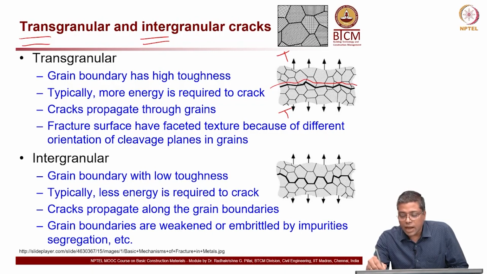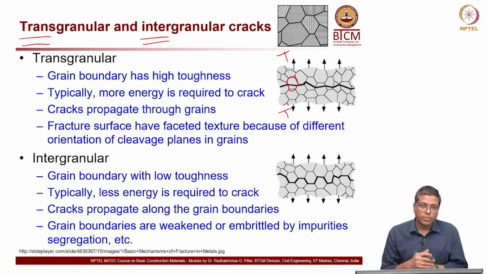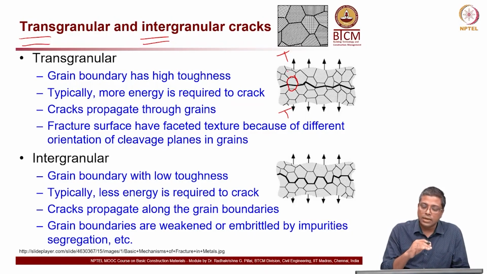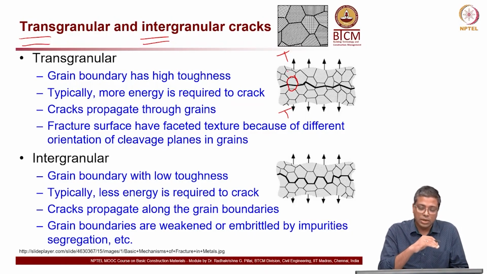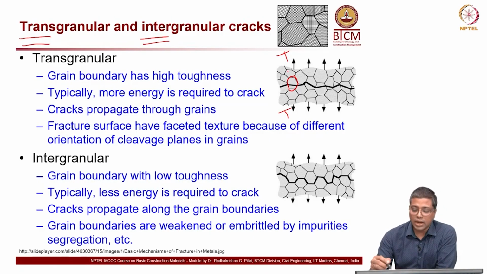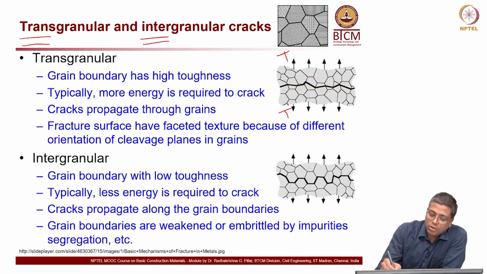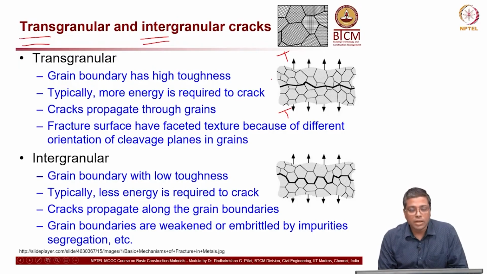That crack is going through the grains. You can see, for example, this particular grain is actually broken. Here also it is going through the grains, and here too. So, when the crack is going through the grains, we call it a transgranular crack.